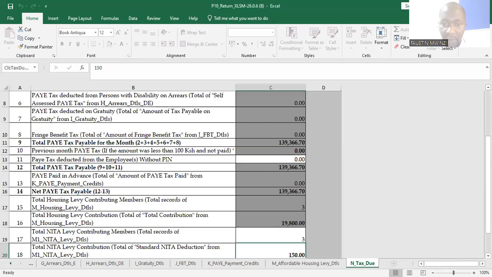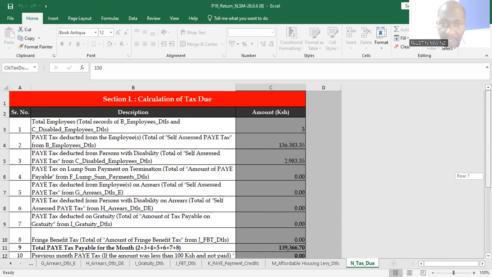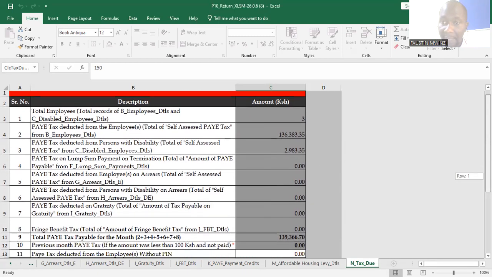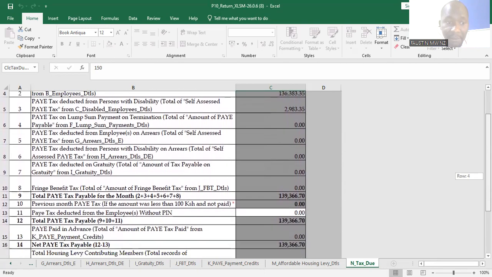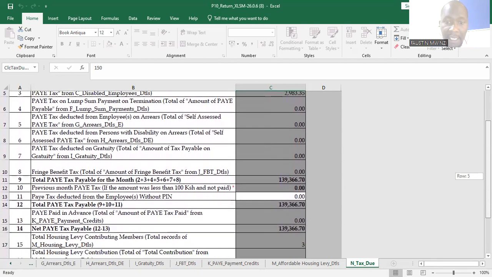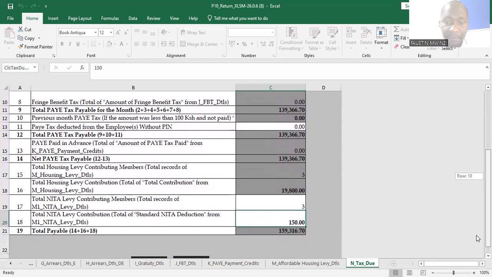Tax due. Now, see our tax due. You can see employees are 3. Then there's this for the first 2, and then for the one with disability. The one with disability, you can see how little they are paying because of the 150 exemption. Then it flows like this.